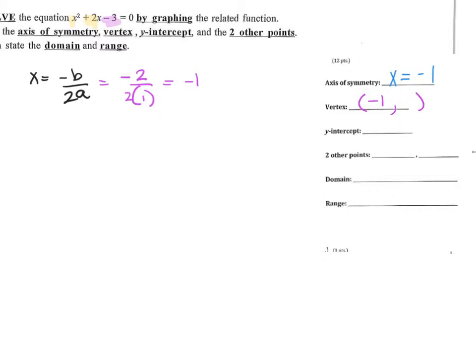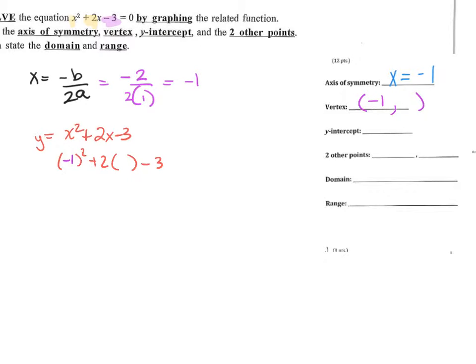So in order to find the y value, I am going to take my given equation and write it as the related function y equals x squared plus 2x minus 3. And then I'm going to plug in the value of -1 for x, remembering order of operations. So those of you that made the mistake with the exponent, remember, always rewrite with parentheses first and then plug it in so that you don't overlook negatives.